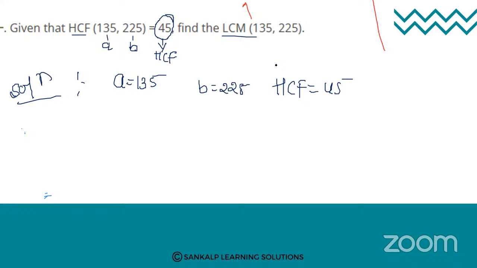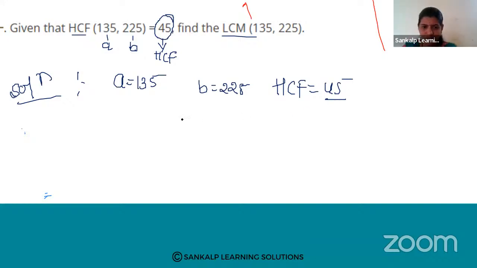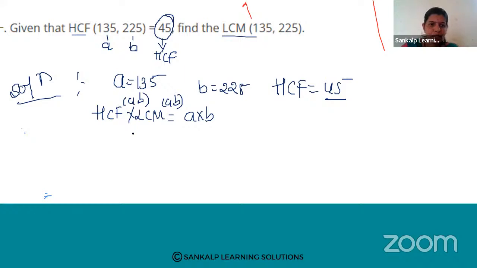What is the answer? 675. Yes. A is 135, B is 225 and the HCF they have given is 45. We know the formula: HCF into LCM is equal to A into B. The HCF of two numbers and the LCM of two numbers is equal to A into B. We want the LCM.